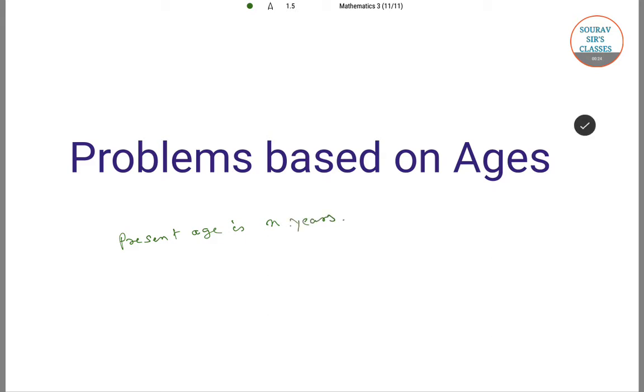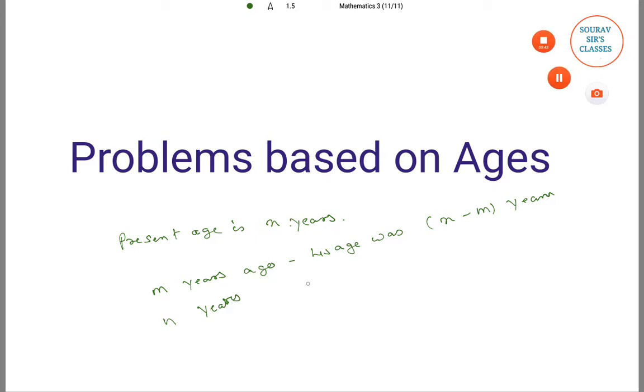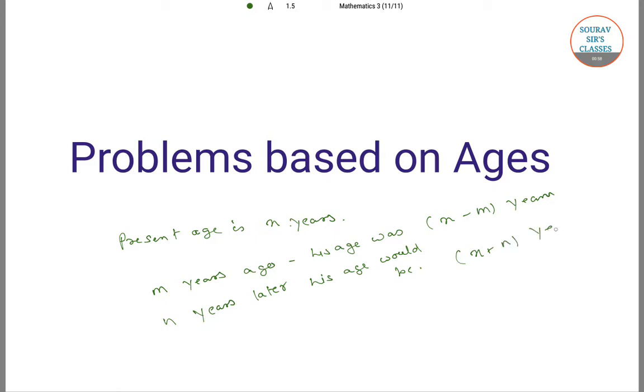Then M years ago, his age was X minus M years, and N years later, his age would be X plus N years.